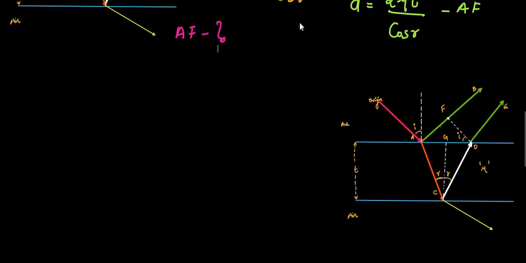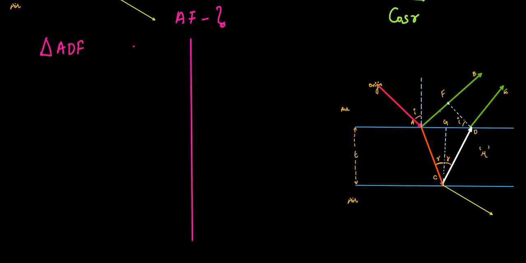So I have the triangle ADF. From that, to find AF, I am taking sine I. Sine I is equal to opposite side, which is AF, divided by hypotenuse, which is AD. And previously I told you AD is bisected by this GC, so AG is equal to GD.